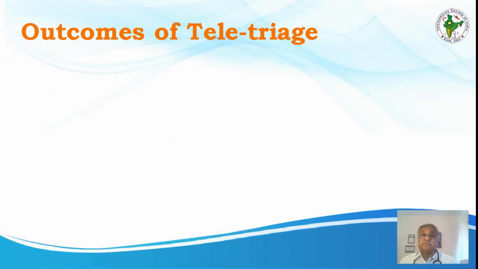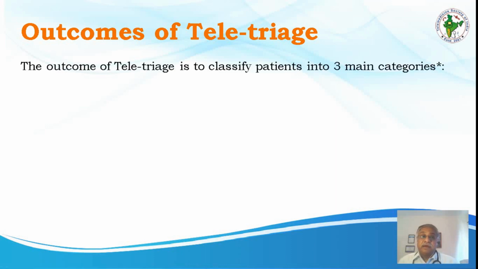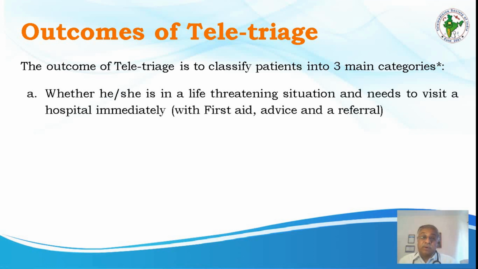So what are the outcomes of teletriage that we are looking for? The outcomes, as far as we are concerned, is to classify patients in three main categories. Number one, whether he or she is in a life-threatening situation and needs to visit a hospital immediately. Of course, before you send them, you would have to make sure that he or she gets first aid, advice and a referral.